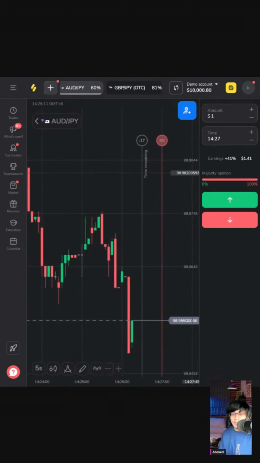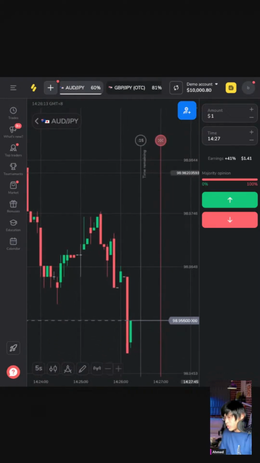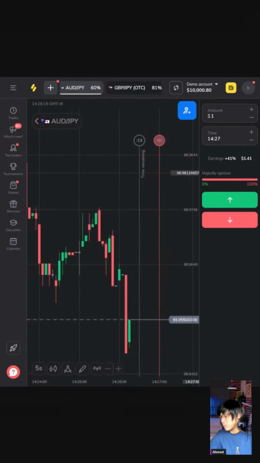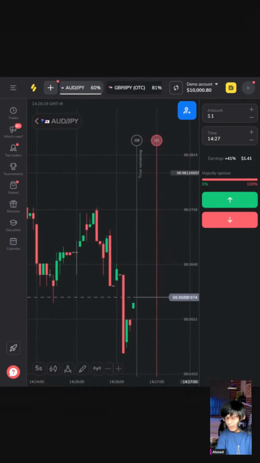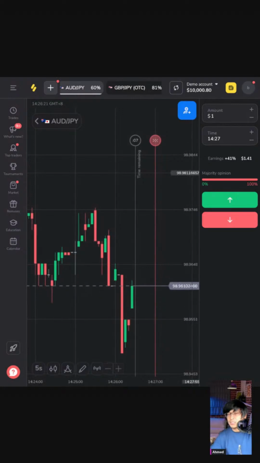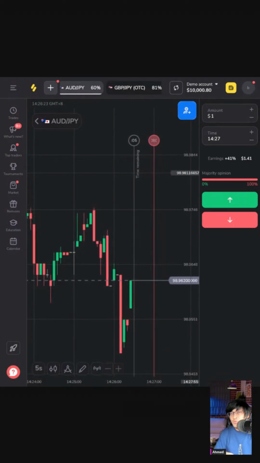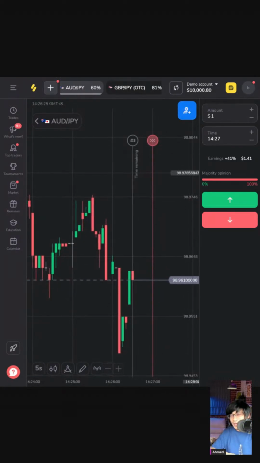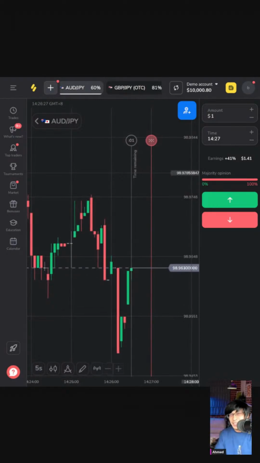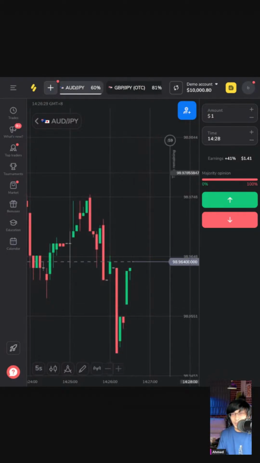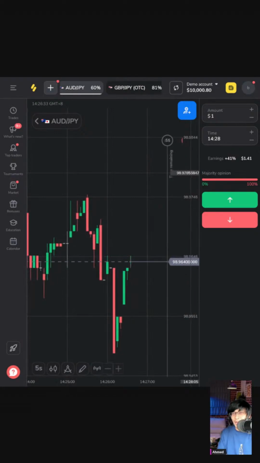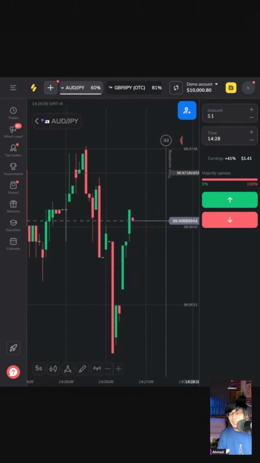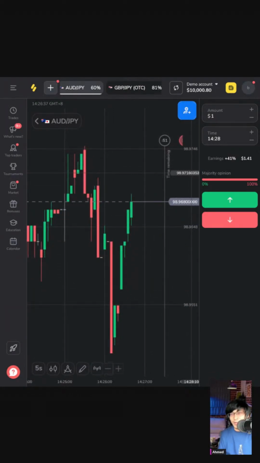Trends do not last forever, especially when we talk about forex assets. It will tend to move in an up direction and then change direction and come back down. Even though it's an up trade, at the end of a cycle it will come back down before it continues back up.